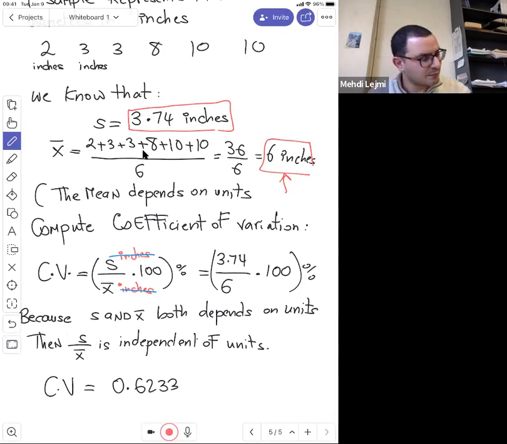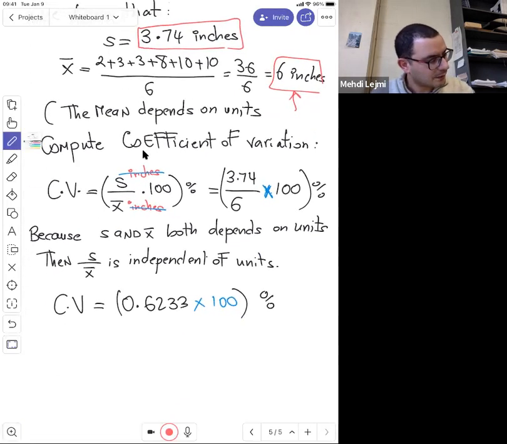And then we need to multiply by 100. This is multiplication by 100, okay? And then there's a percent. So 0.6233 times 100.